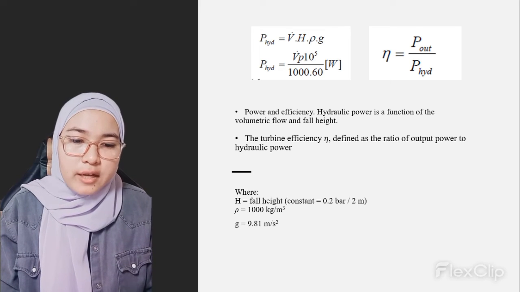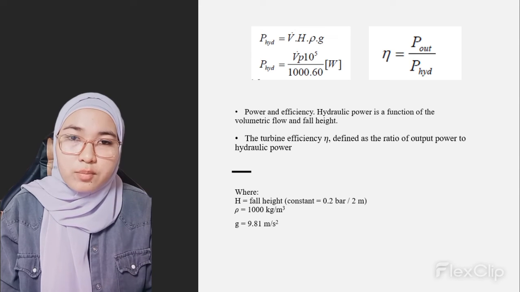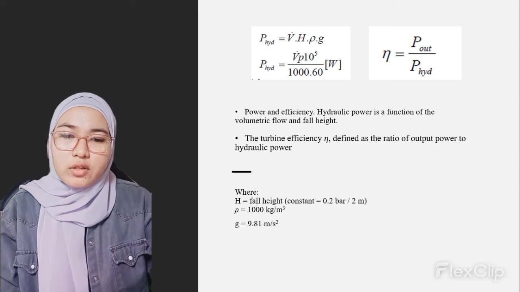And then the turbine efficiency is defined as the ratio of output power to hydraulic power. Okay, that's all.